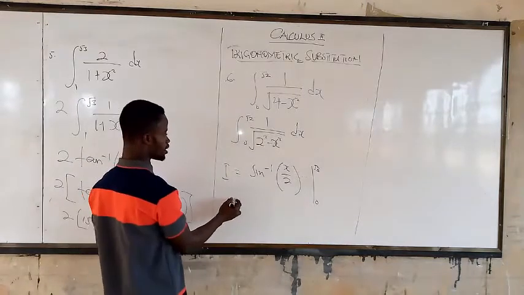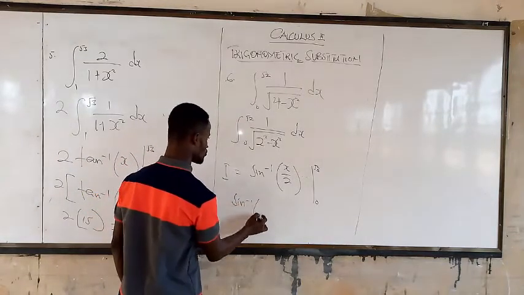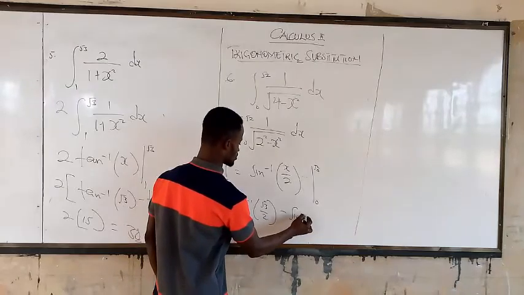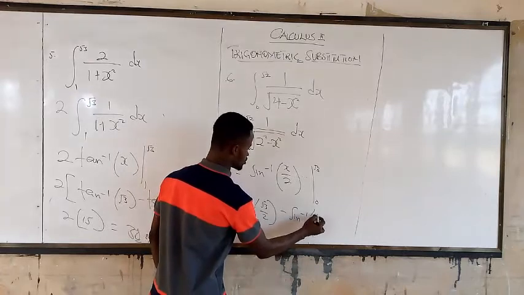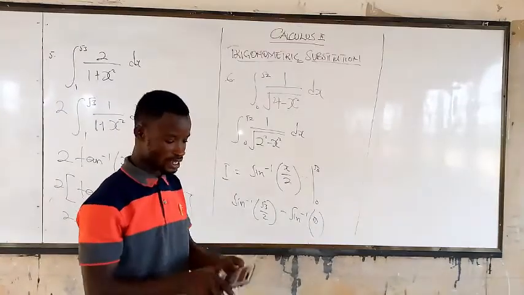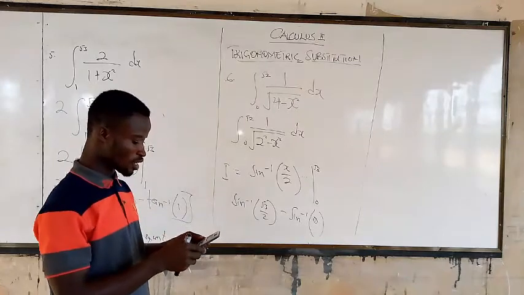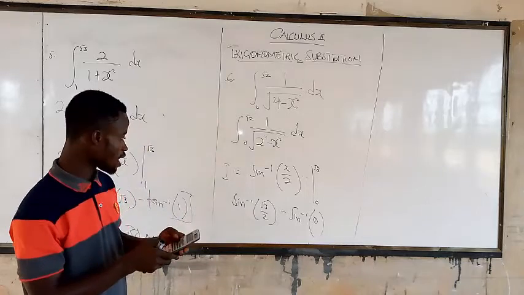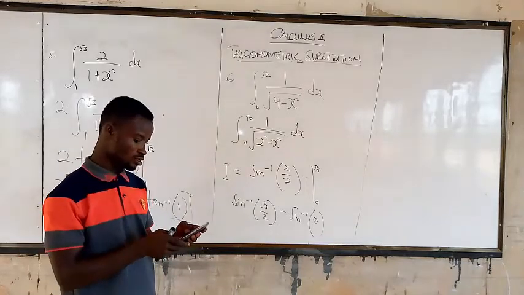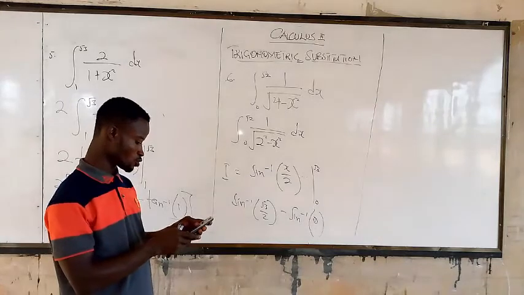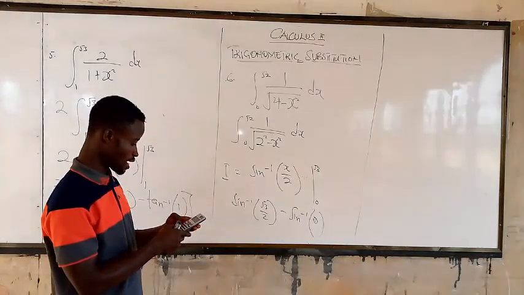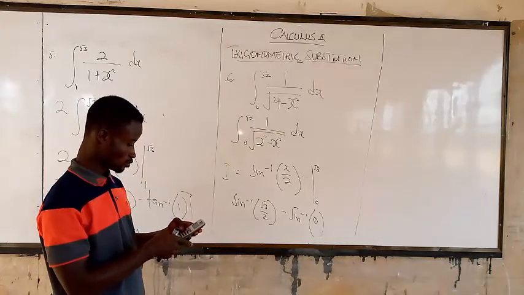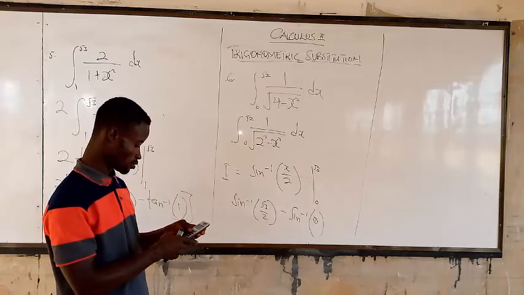So straight away we get sine inverse of square root of 3 over 2 minus sine inverse of 0. So on the calculator, we have a lot of questions to solve under this video, so no more going by the long method. Square root of 3 over 2 minus sine inverse of 0.